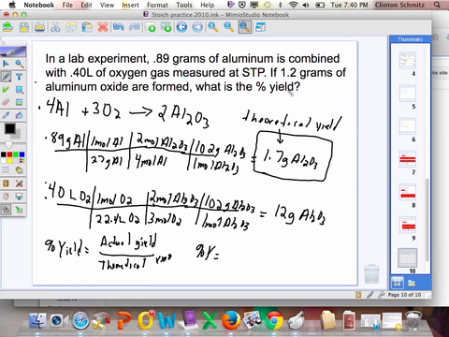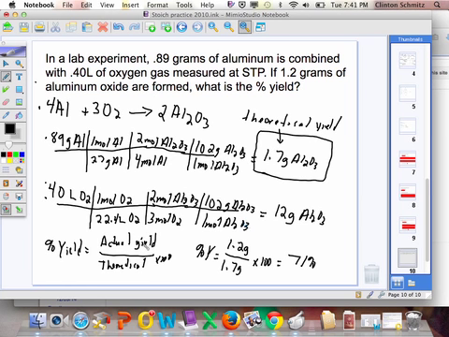If you read this closely, it says if 1.2 grams of aluminum oxide are formed, so they're implying that that's formed in the lab, that's going to be our actual yield. So we'll take 1.2 grams and divide that by the theoretical yield that we figured out from the stoichiometry problem, which is 1.7 grams, and multiply that times 100. And if we do that, I believe that ends up being around 71%.